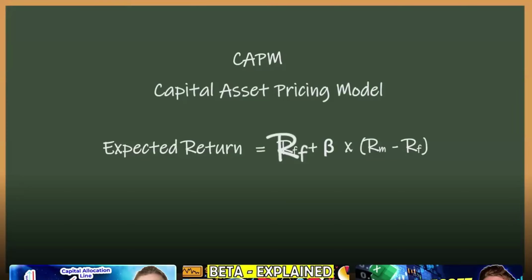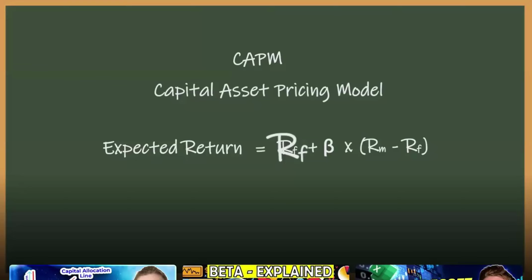Okay, so when your expected return increases, if you see in the equation, that is RF plus, the expected return increases when you take the risk.